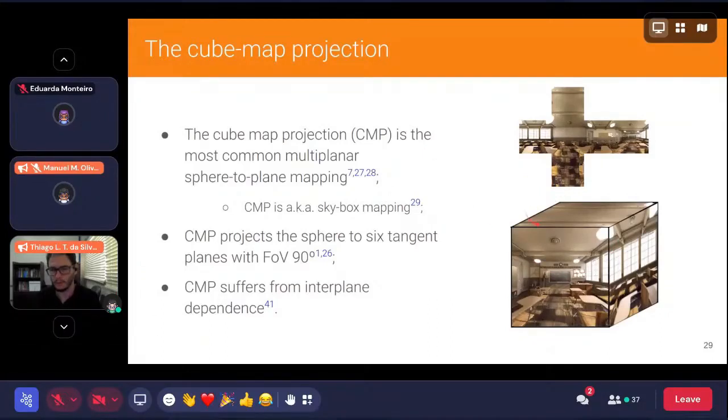What is the main disadvantage of this kind of representation? Although we represent it here as one single image, we actually have 6 images to process, and these images are somehow connected.